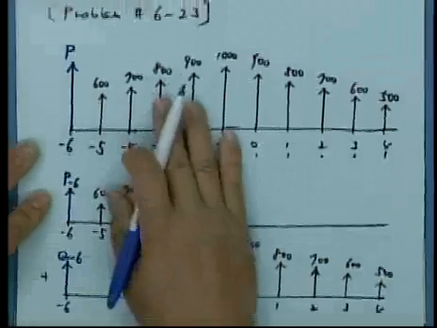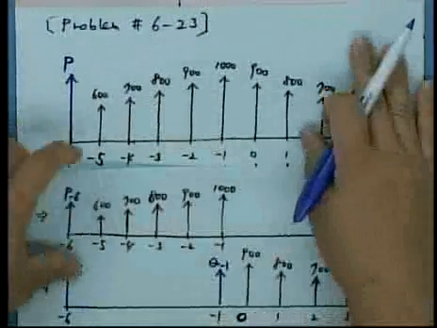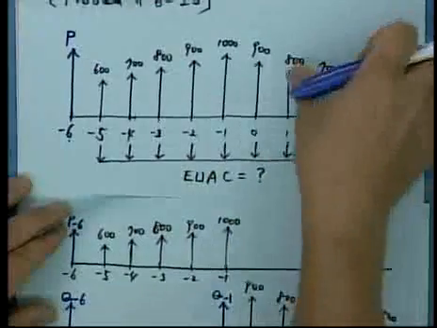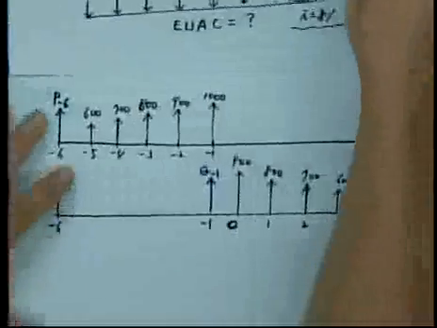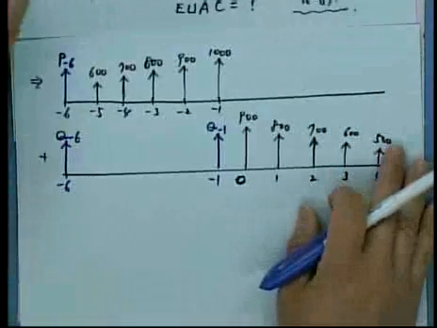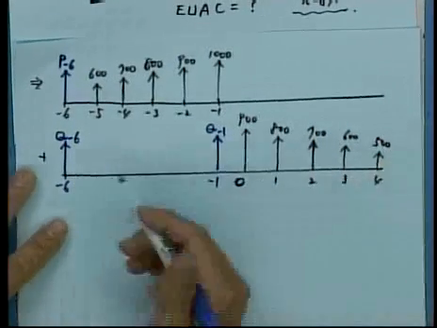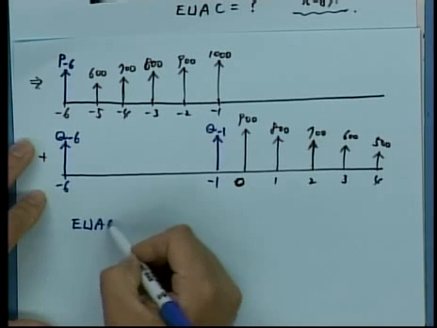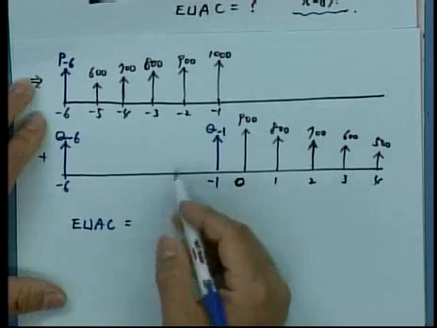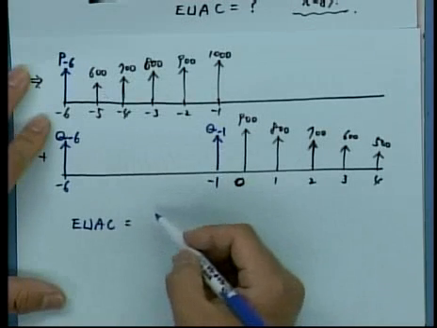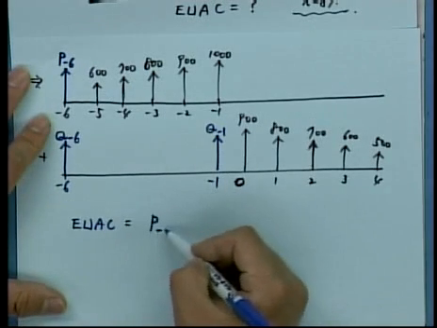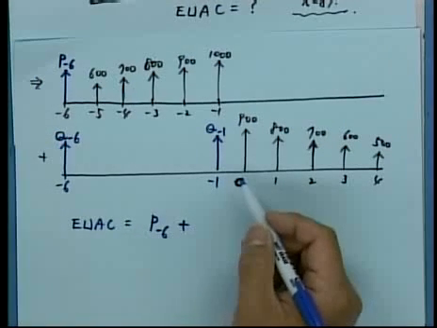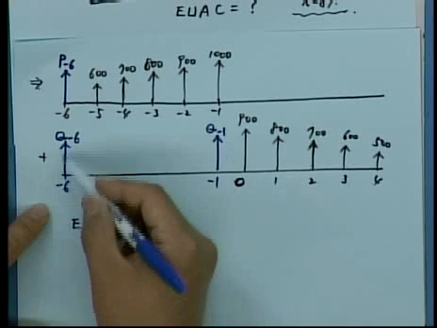Then the equivalent uniform annual maintenance cost, EUAC, can be calculated by P sub negative 6 plus Q sub negative 6, right?